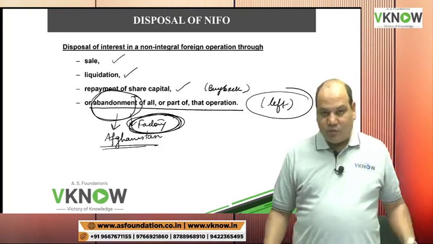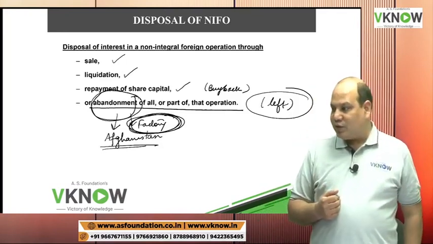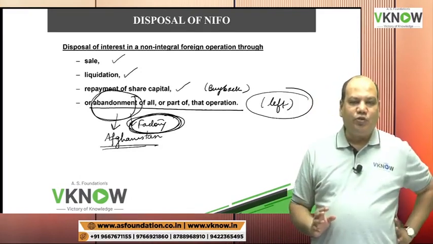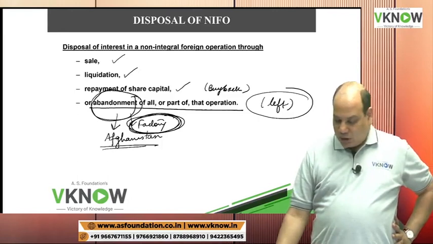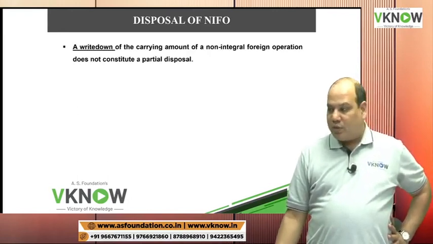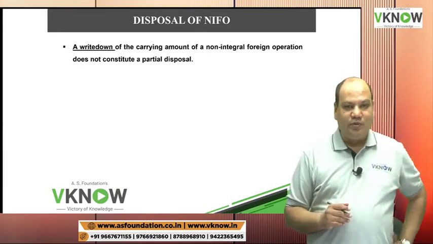So the answer is, our life is more important than factory and investment, so we will abandon it, and therefore it is assumed to be disposed. Abandoned is also disposed. Sometimes we may have to write down an investment.